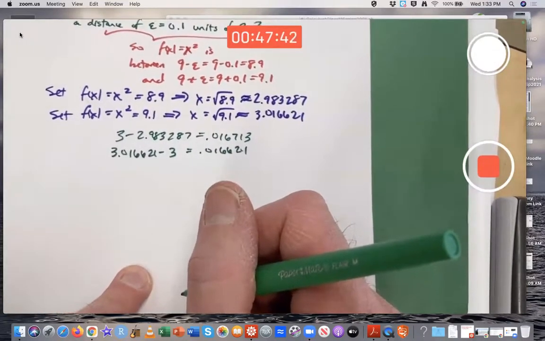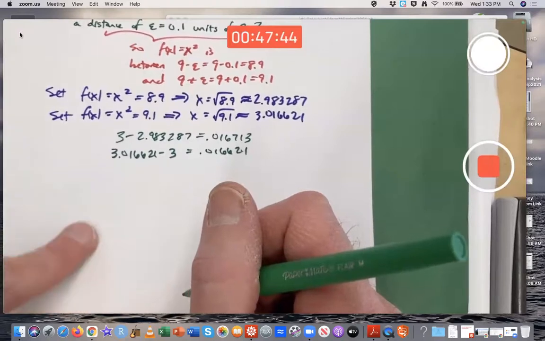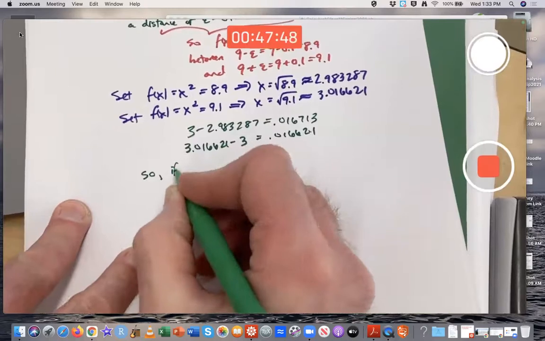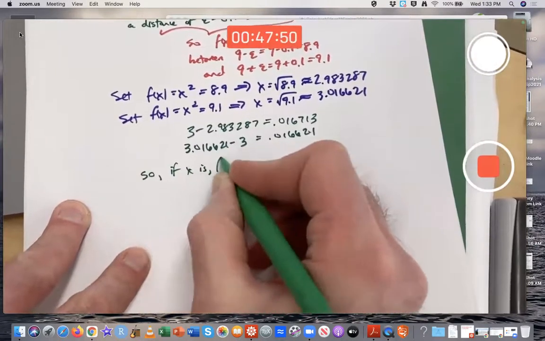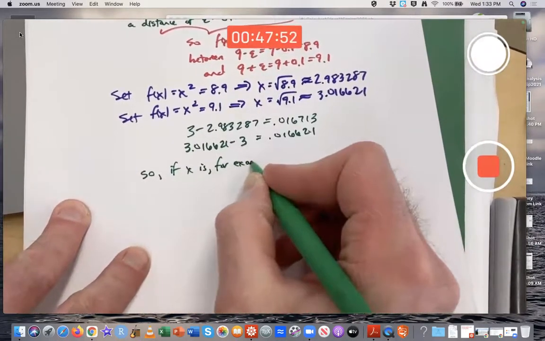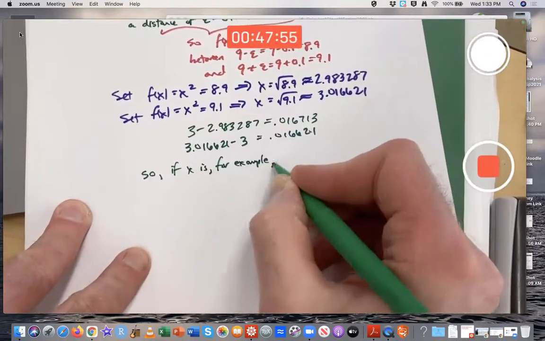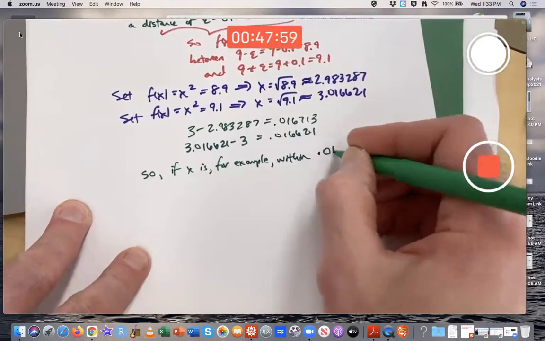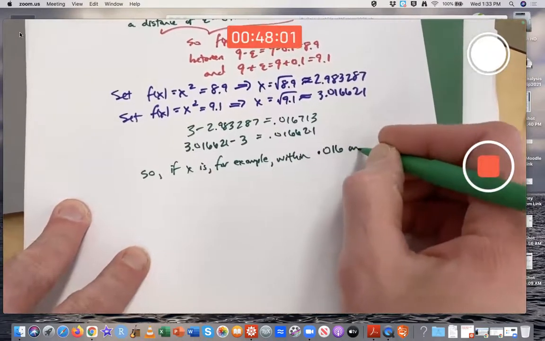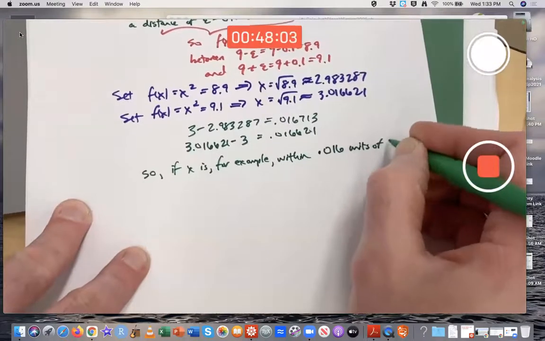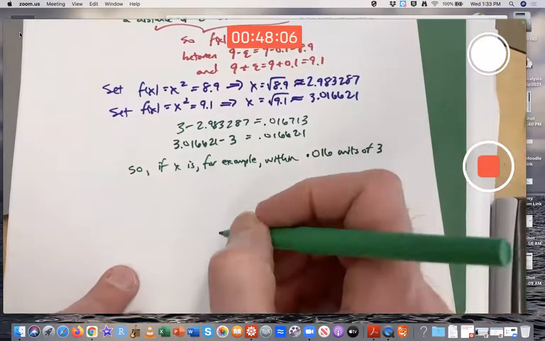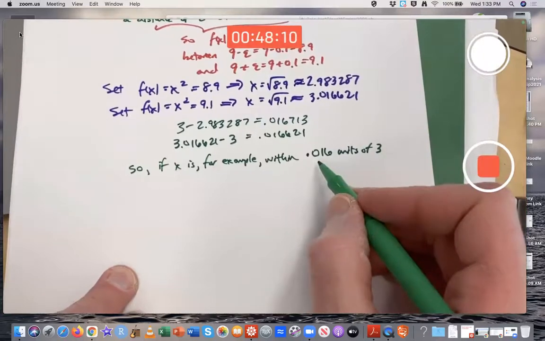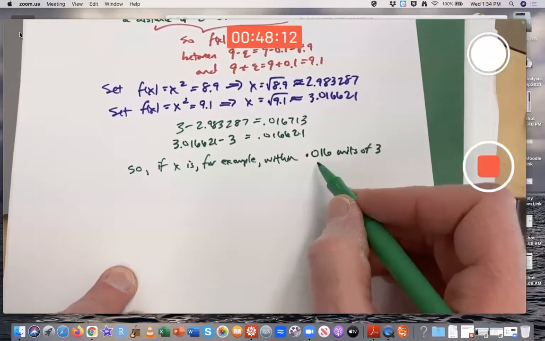So here's the punchline. So if x is, for example, within 0.016 units of 3, look at those two numbers, pick a number smaller than both of them, say ever so slightly, or maybe even smaller.